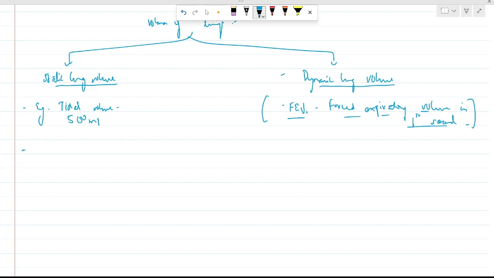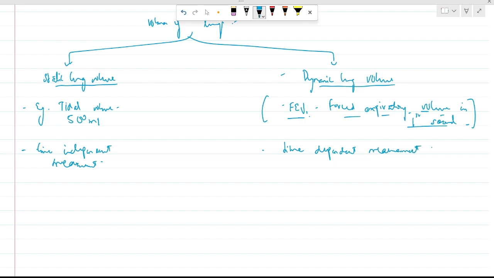Now in the static lung volume, remember, it's a time independent measurement, okay. Now from this example, first second, for example, FEV1, forced expiratory volume in first second, this one is a time dependent measurement, okay.